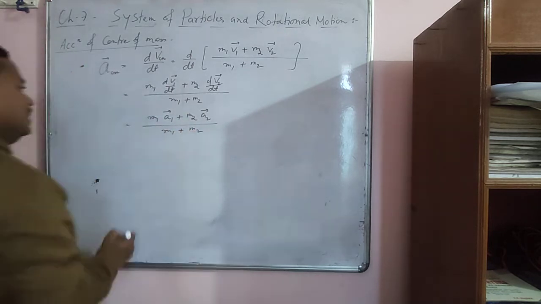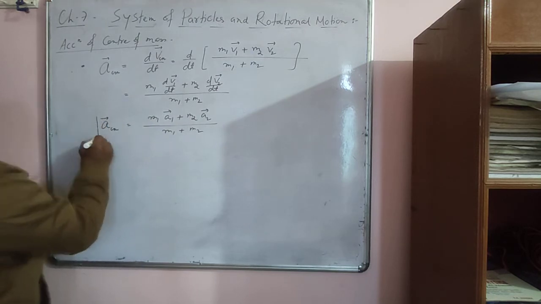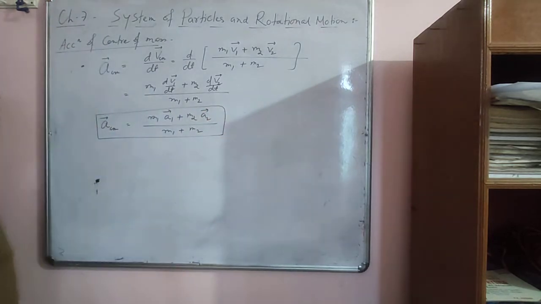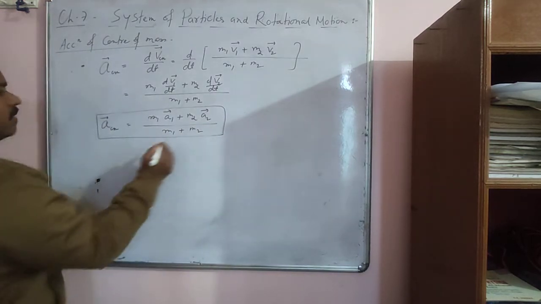You see, it gives a similar expression: acceleration of center of mass is given by M1 a1 plus M2 a2 by M1 plus M2. Now you can extend this for n particles.